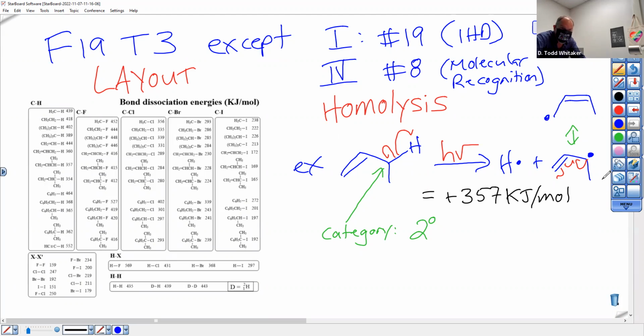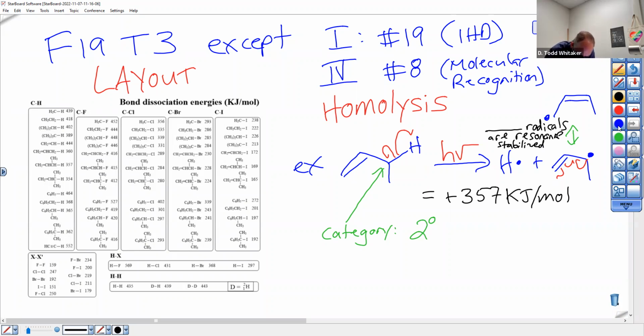It's a resonance stabilized radical. We need a name for a radical that's doing this resonance.